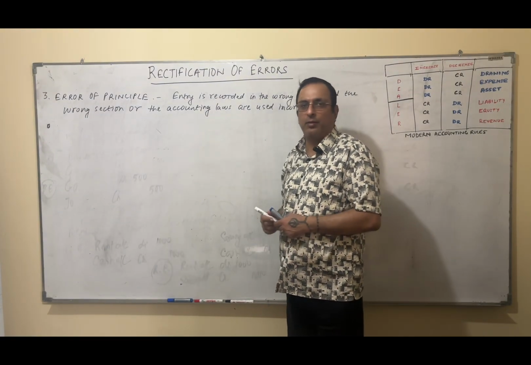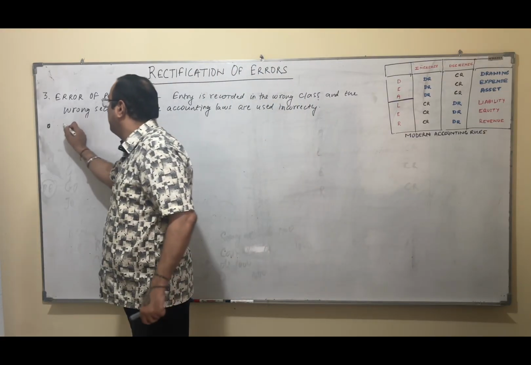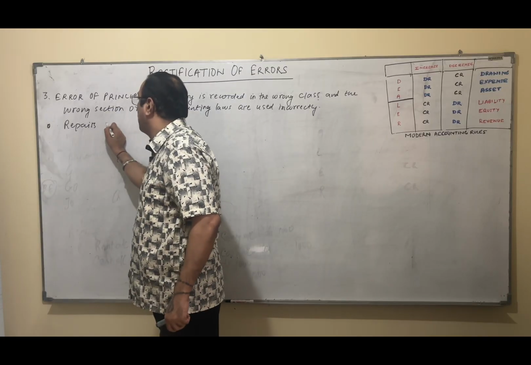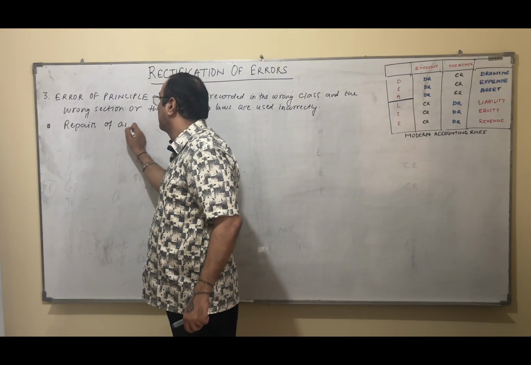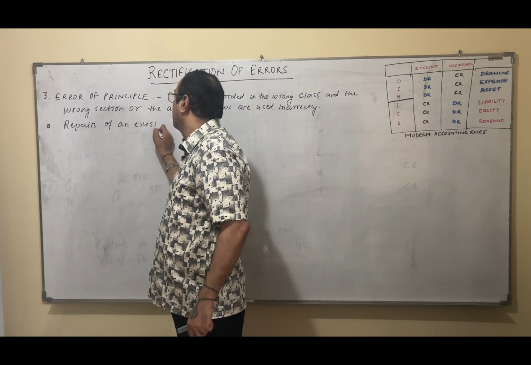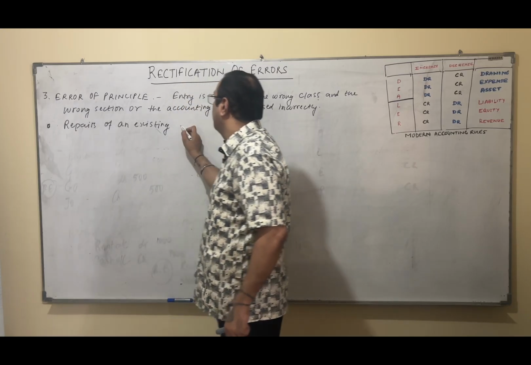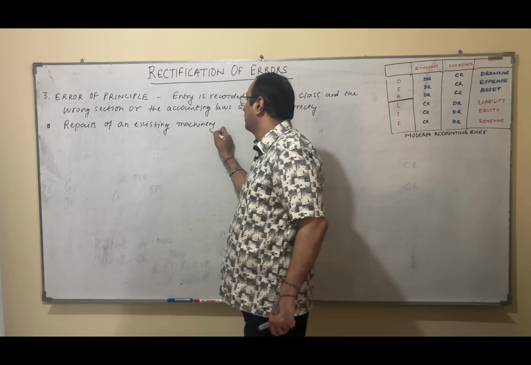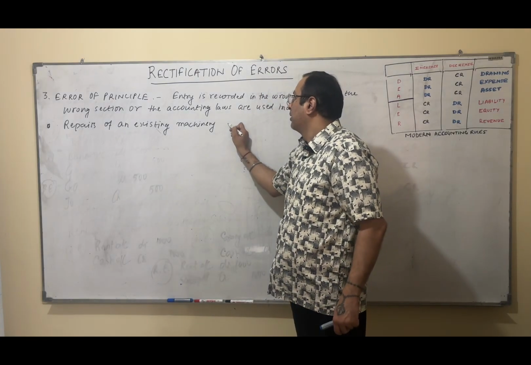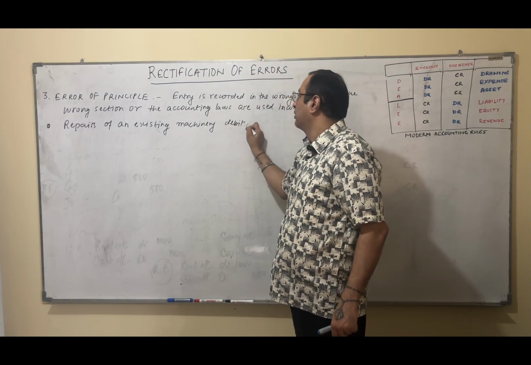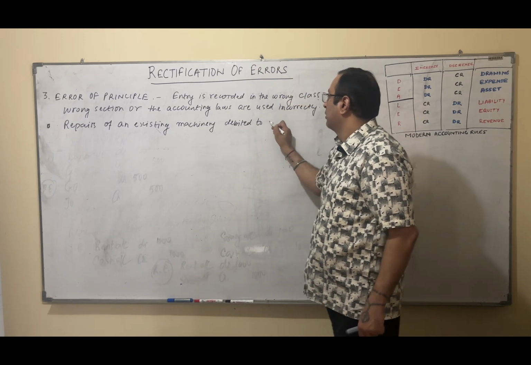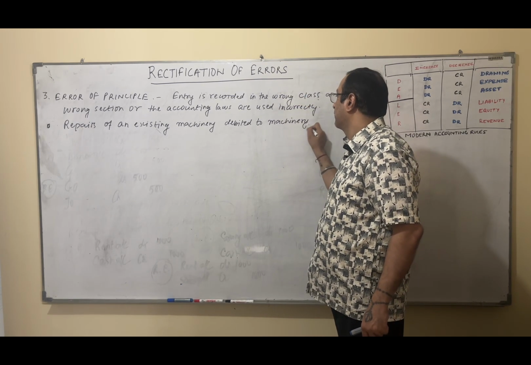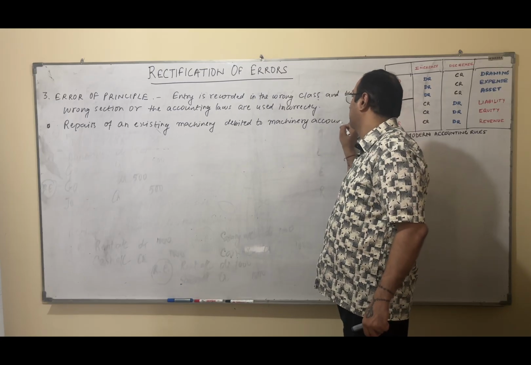Let us take one example. And the example is repairs of an existing machinery debited to machinery account.